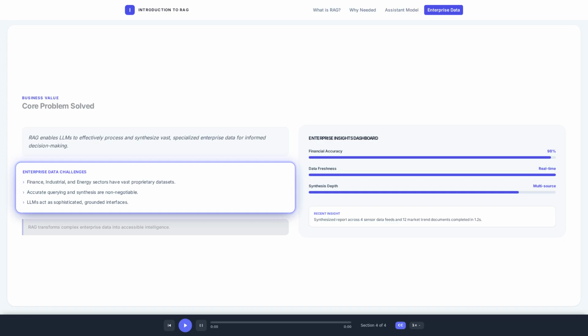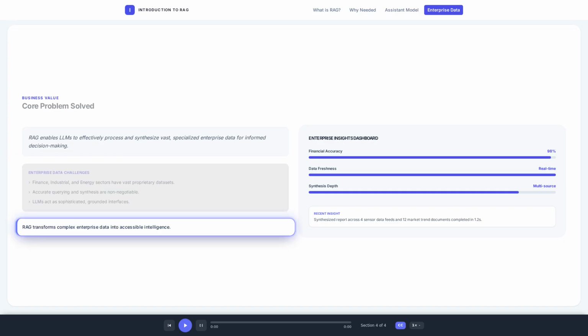The challenge is making LLMs function as sophisticated, reliable interfaces to this specialized enterprise data, which they cannot do out of the box. RAG directly addresses this by transforming complex, siloed enterprise data into accessible, actionable intelligence. It enables LLMs to effectively process and synthesize this specialized information, ultimately driving better, more informed business decisions.